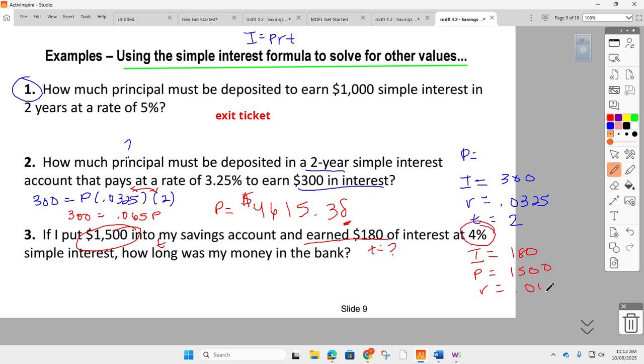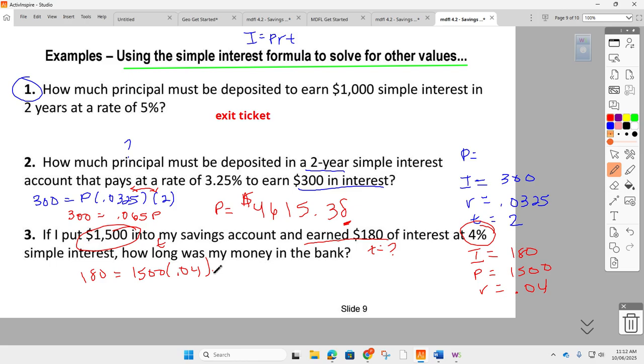So we're going to plug in what we do know and solve for what we don't. We know our I is 180. So I equals our principal is 1,500 times our rate of 0.04.